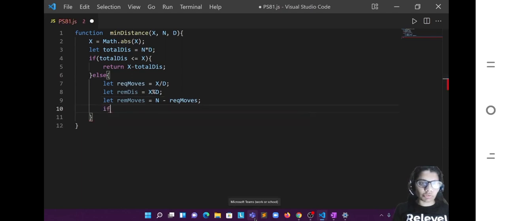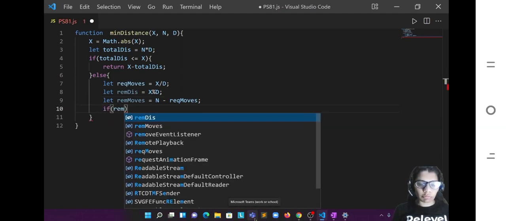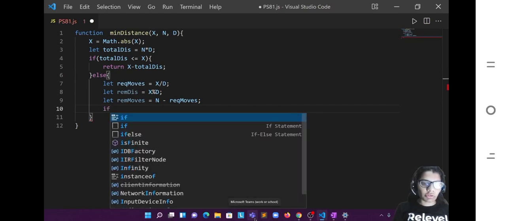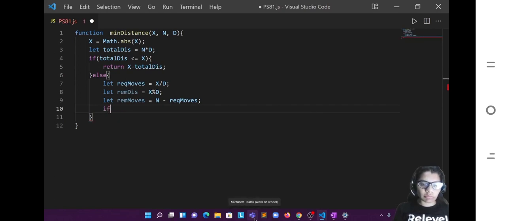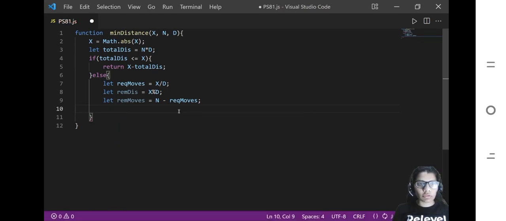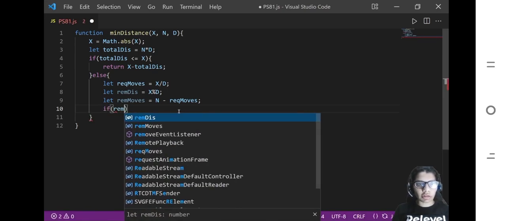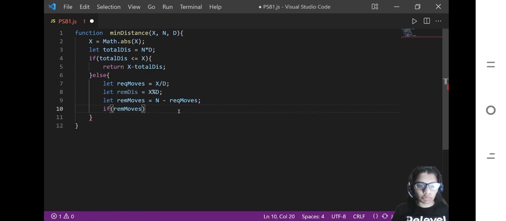If your remaining moves are odd, that means if we take the modulo of remaining moves by 2, it will give you 1 as remainder, right? So this is the case when your remaining moves are odd.